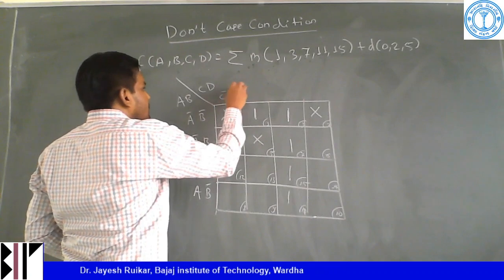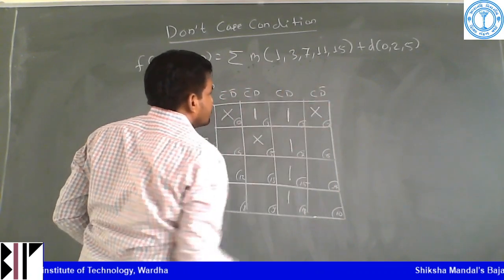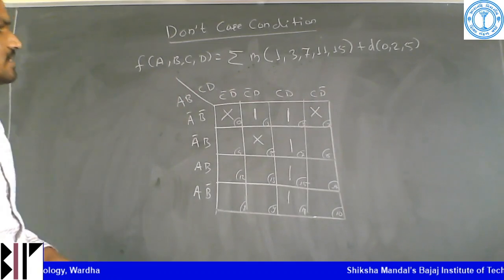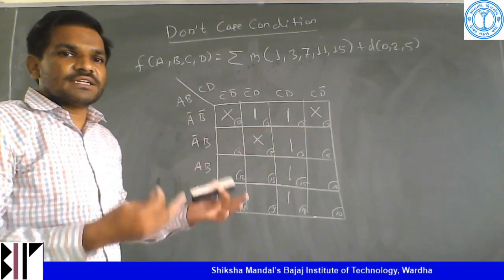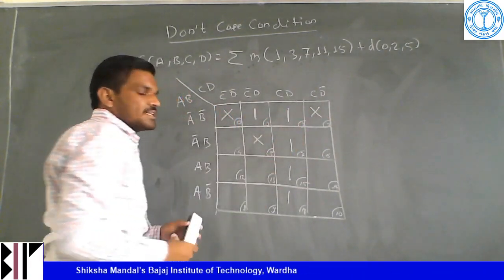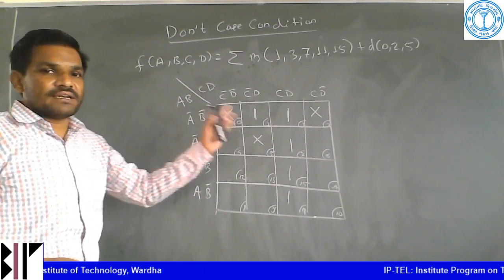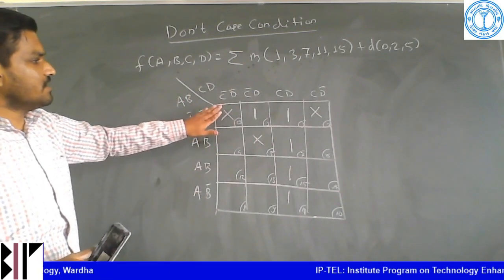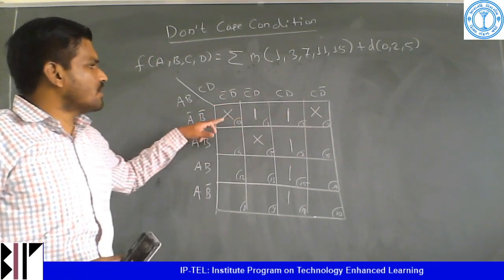Then C bar D bar, C bar D, C D, and then C D bar. Now when you look at this K-map, we can consider these cross marks if we get a simpler expression, or you can see that we can combine multiple adjacent ones. So if we consider this, we can combine four ones.